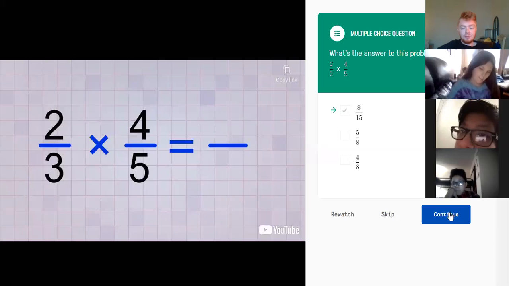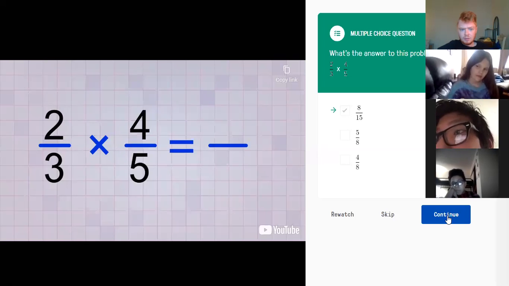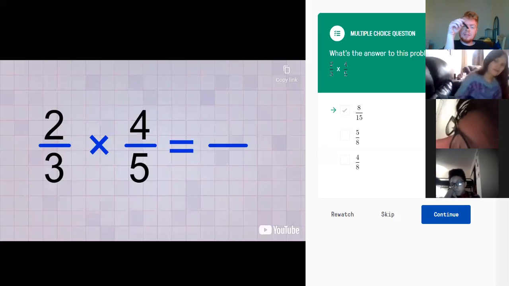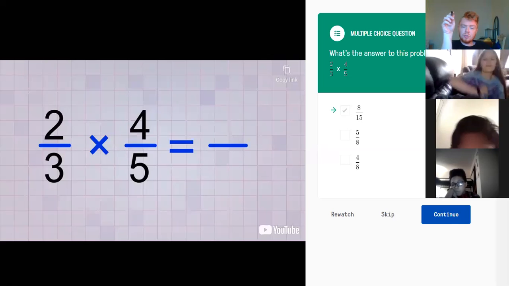Done. No, right? I do it from the 3 and the 4 and then 5 and 2. That doesn't make sense. I do it from the bottom to up. But if you did 3 times 4, you'd get 12, and 5 times 2 is 10.